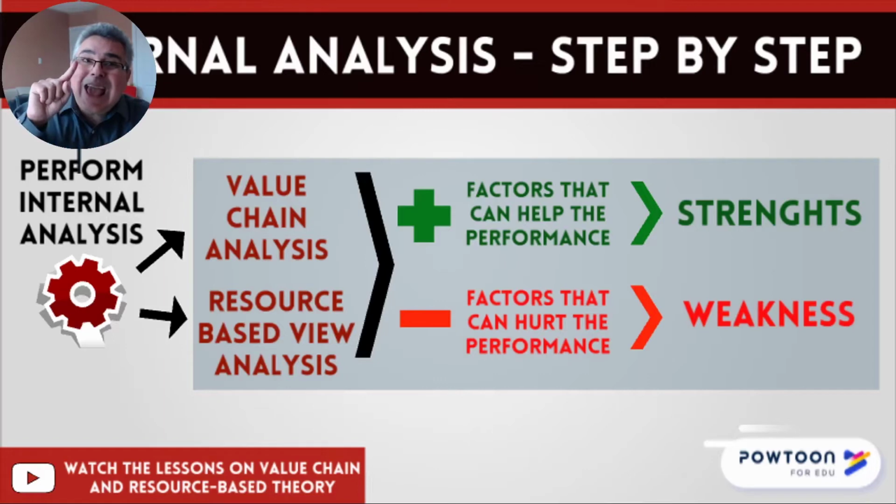Therefore, the S and W in the SWOT analysis is the finish line of an analytical process that started with the value chain analysis and the resource-based view. You cannot go direct, and again, I'll be repeating that: don't go direct to the SWOT diagram. Start with the value chain analysis. Start with the resource-based view.